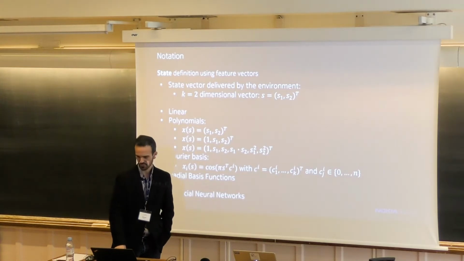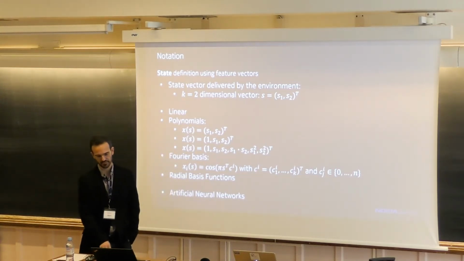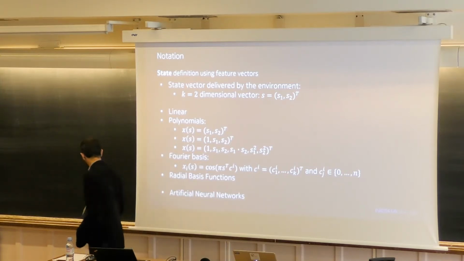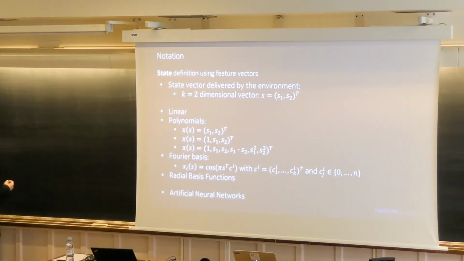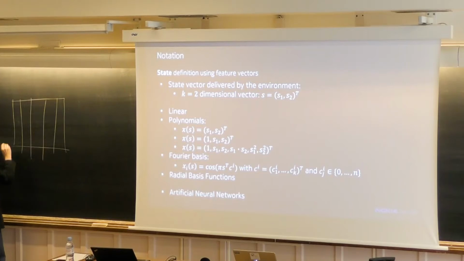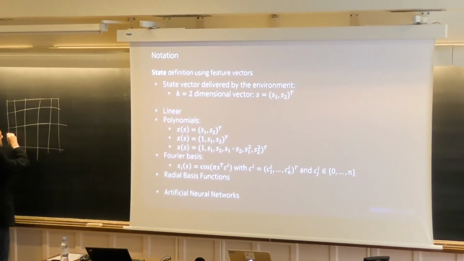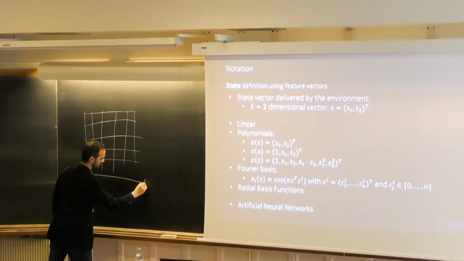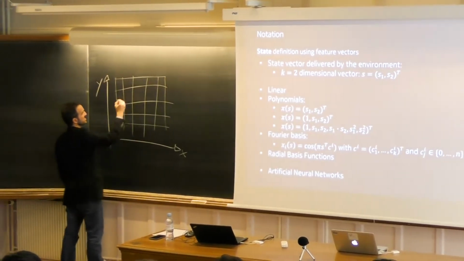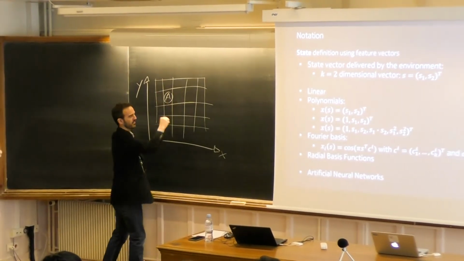Okay, so how do we model the circumstances of the agent? We model it with what we call the state. Okay, so I'm going to make a very simplistic picture. I hope you'll forgive me for the simplicity, but I think it's very illustrative. So this is the classical grid world scenario, okay, where you have an agent which moves through a grid, okay?